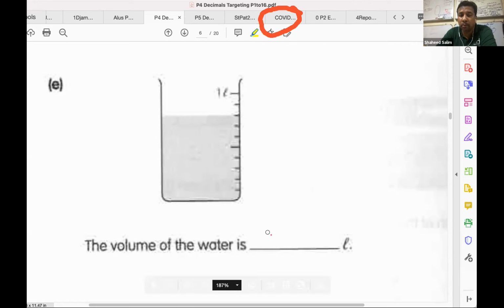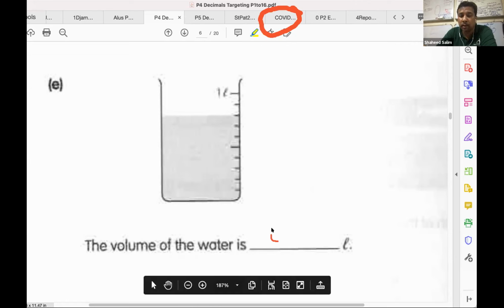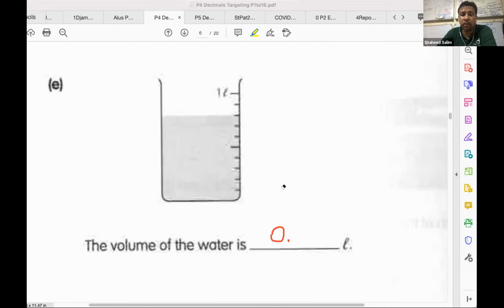Ask yourself, you can count. 0 point what? Come on. You count, you see 1, 2, 3, 4, 5. Can you see the 5 one is longer? I can count, so 6, 7, 8, 0.8 is not even 1. If you have 0 point something, it means it's not even 1.